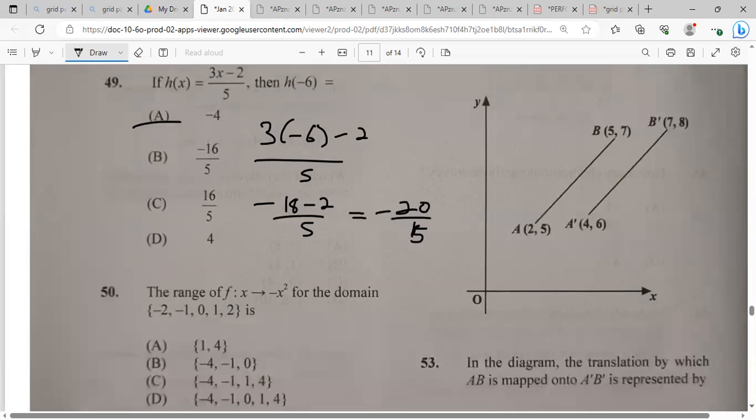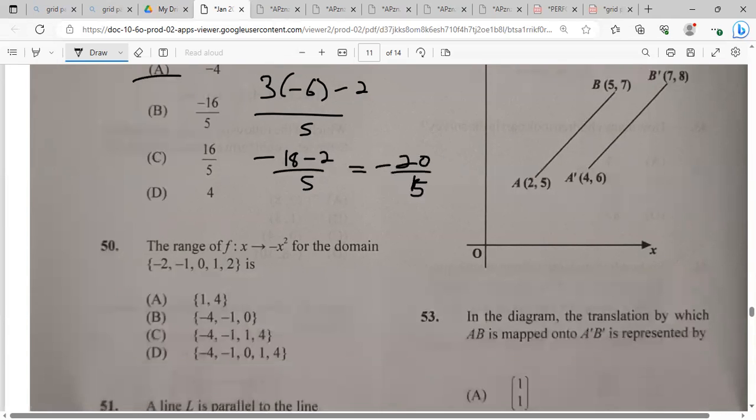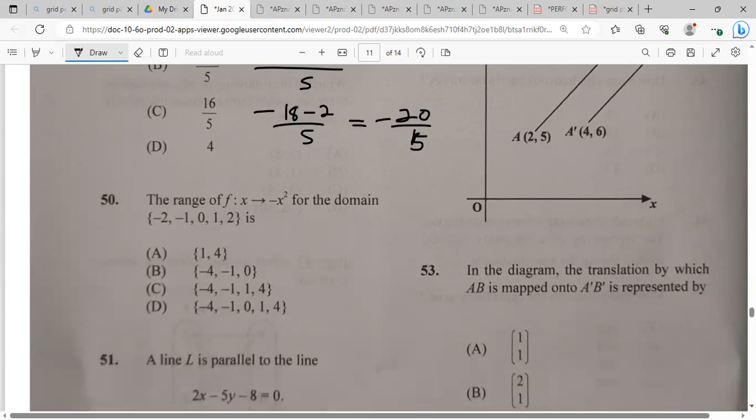The range for the function f of x equals negative x squared for the domain negative 2 to 2 is, all right, so let's go. Notice we have a negative out here. The other one does not include 0, so add this. Yeah, so if you go all the way to 2, you have to include the 0.